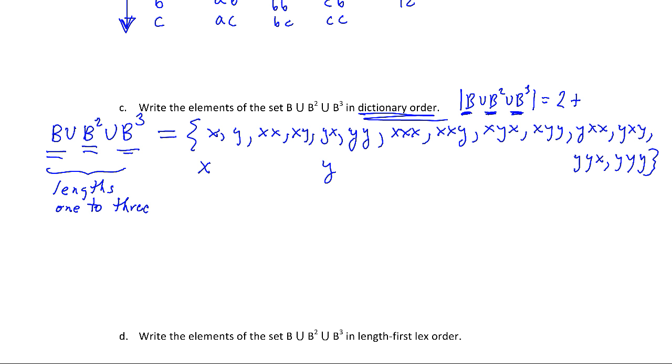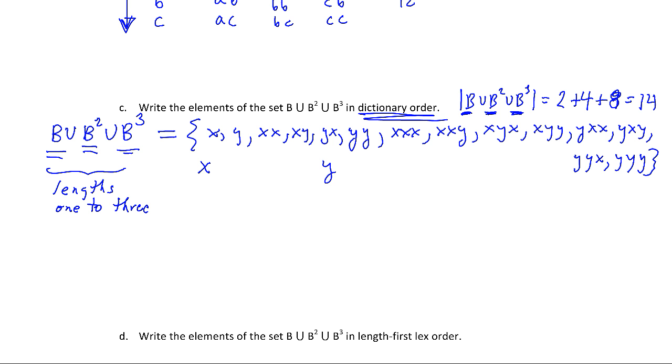And so B has 2 elements, B squared has 4, B cubed has 8. 2 cubed is 8. And so I have a total of 6 plus 8 is 14 elements. And so my X section better have 7 elements, and my Y section better have 7 elements.